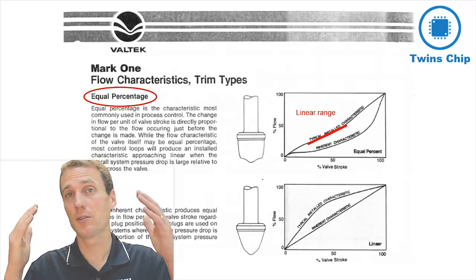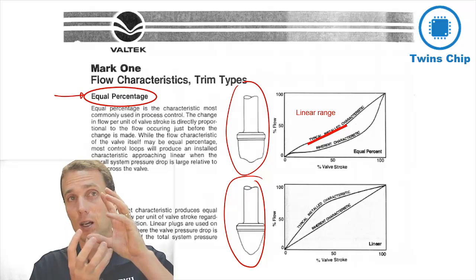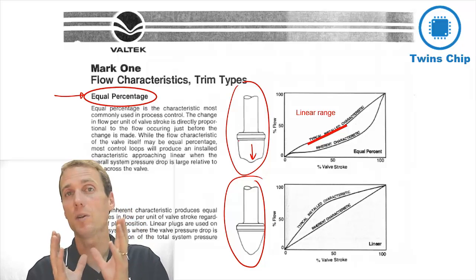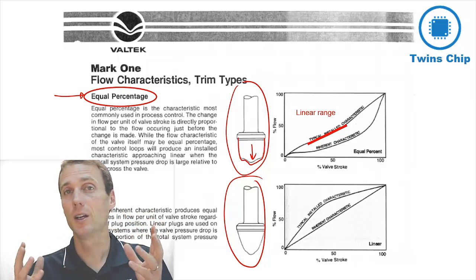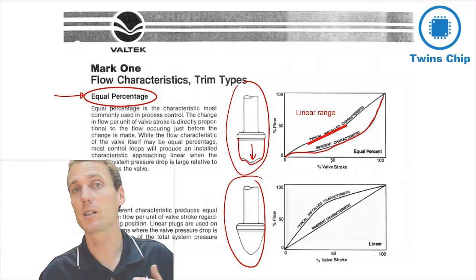The stem is connected to a plunger that sits in the seat, and the shape of that is the trim that goes into the valve and influences the lift versus flow characteristics of the valve.